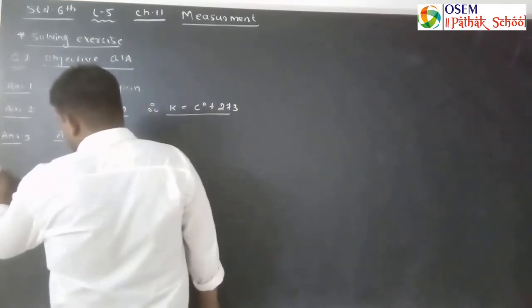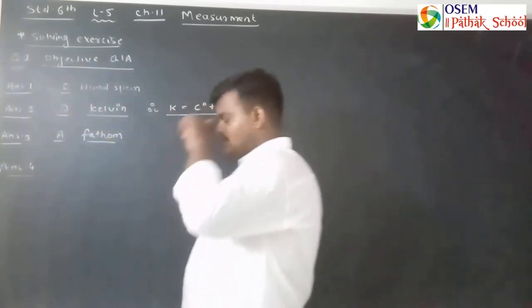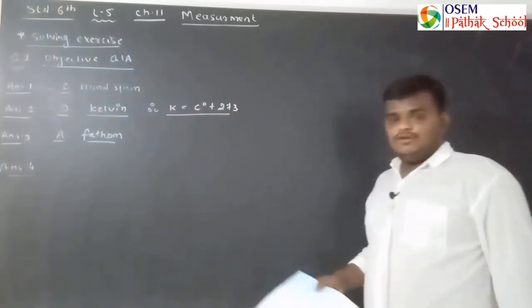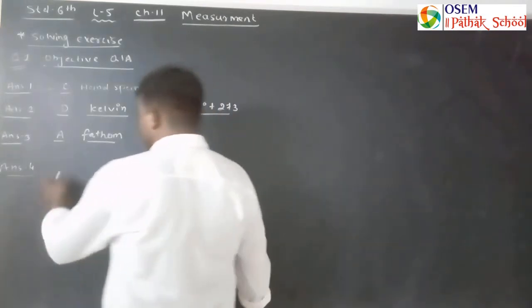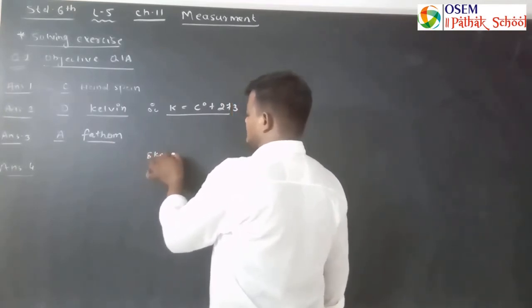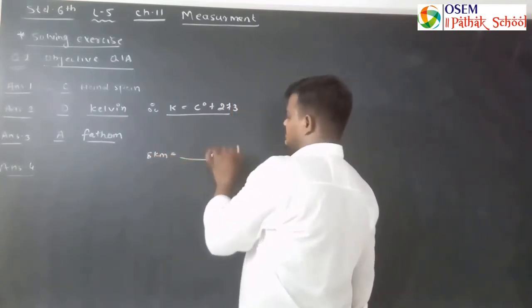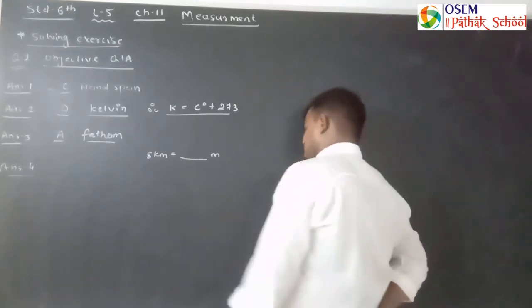Now question number 4. What is given in question number 4? Let's find out. 8 kilometer is equal to blank meter. I already discussed the conversion of units.